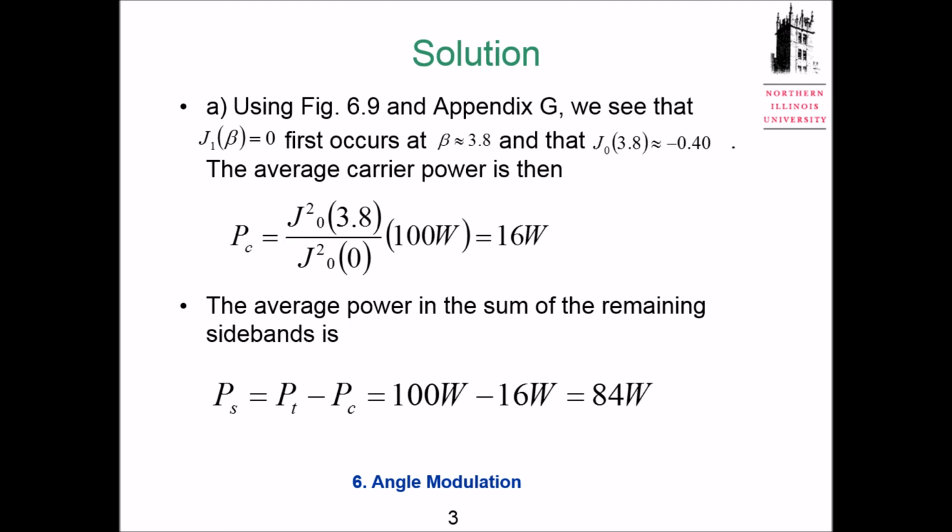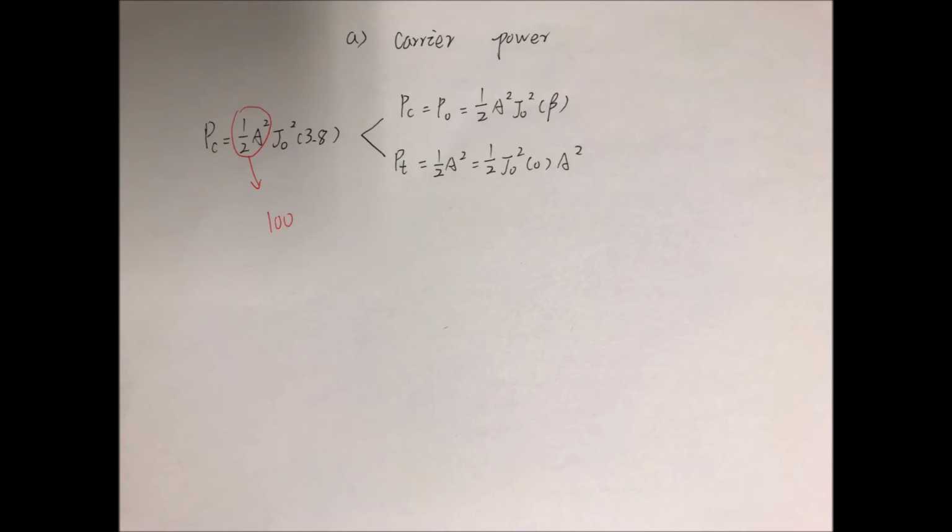So A, equation 6.41. For carrier power, here we use PC equals half A squared J0 beta squared.